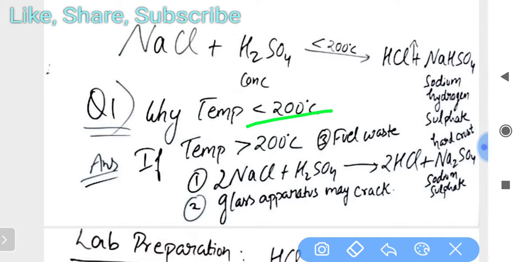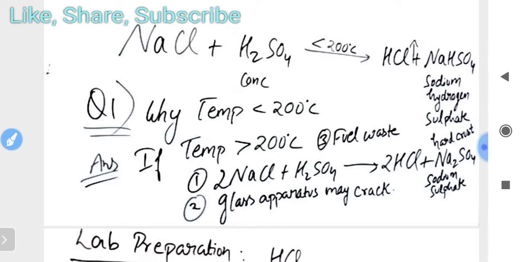So these are the points you can write, and this question may be asked in the exam. If you see the questions of previous papers, you can find this question, that why the temperature is not to be raised more than 200 degrees centigrade when we make HCl in the lab. So this was the first question based on the topic.